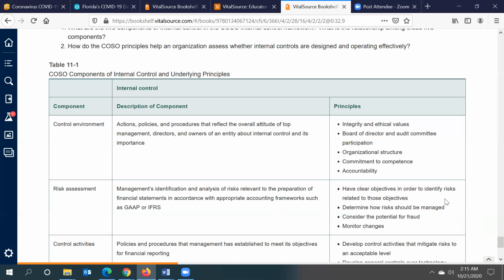Some principles would be that management would have clear objectives in order to identify risks relevant to those objectives. For example, if there is information risk where somebody could hack in from the outside and steal information, management has constantly identified that, then determines how those risks should be managed.